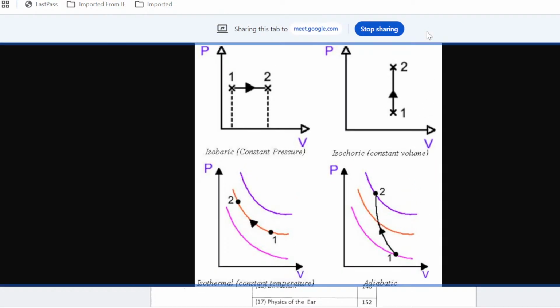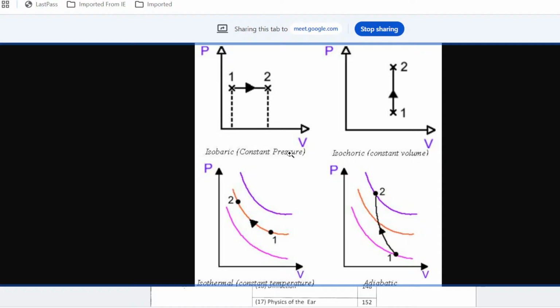Alright, let's go. Yes, I was looking for an image. So if you have a PV plot, this is how you expect it.